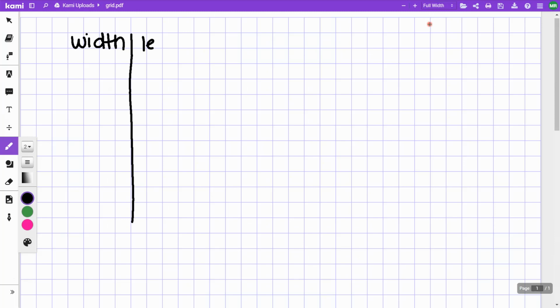And then we had length. And so when we're doing this, I said that I had basically 4 rows of 9, which gave us 36. That was one possibility. Basically, I want things that multiply because length times width is equal to area. I want 2 things that multiply to 36.